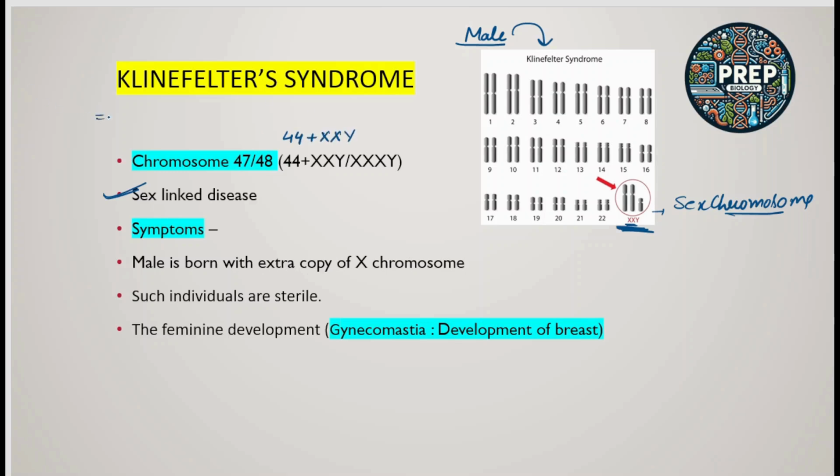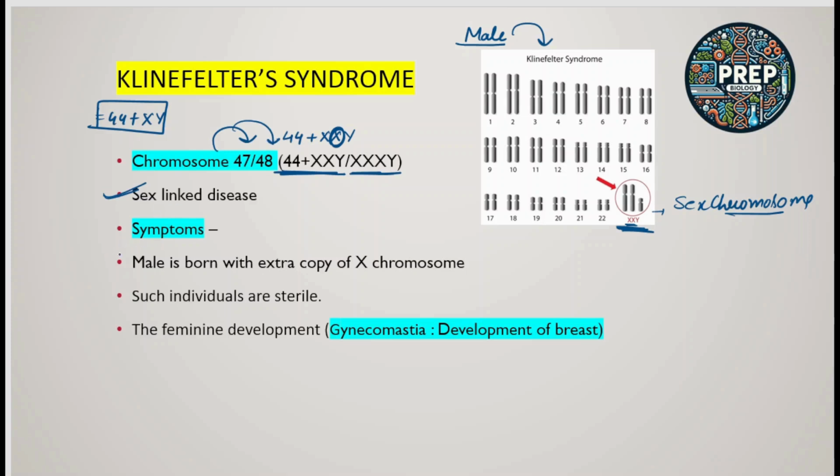A normal male has 44 plus XY. But in Klinefelter disease, one extra X is added in the sex chromosome, so the condition is 44 plus XXY or 44 plus XXXY. So the total number of chromosomes is 47 or 48.